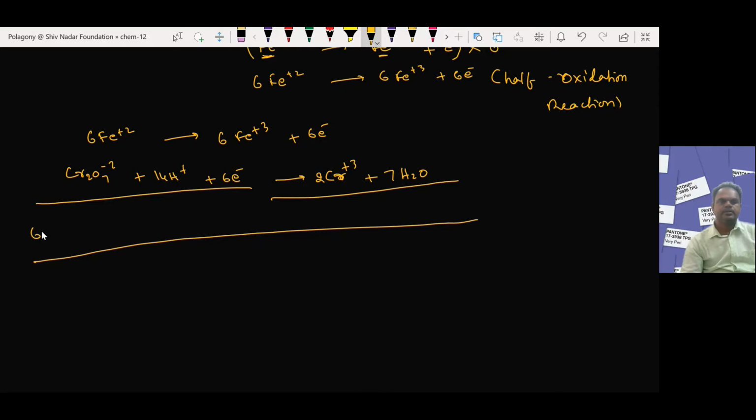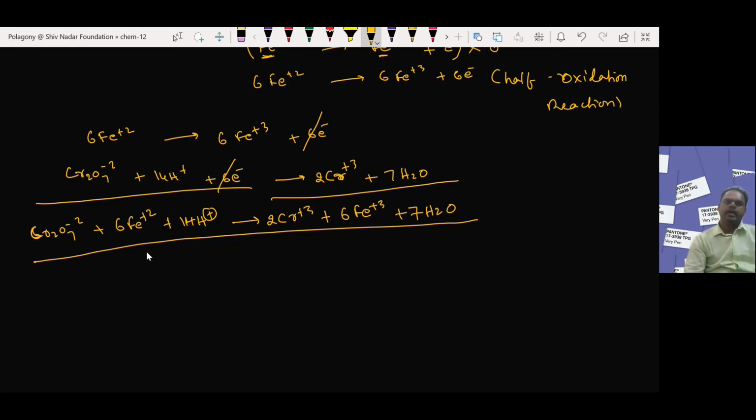On the reactant side, Cr2O7 2- plus 6 Fe2+ and 6 electrons, which cancel, plus 14 H+ gives 2 Cr3+, 6 Fe3+ and 7 H2O. This is the balanced ionic equation. You can check all the charges and atoms: oxygen atoms 7, hydrogen atoms 7 into 2, which is 14.